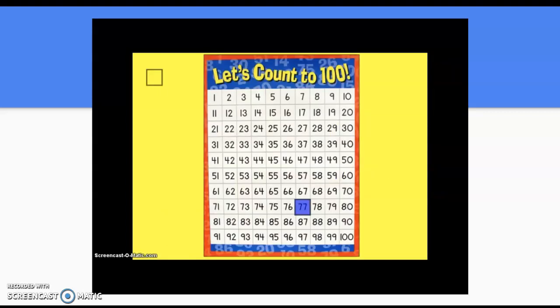Let's look at 77 on the 100 chart. See if you can find what 10 less would be. 10 less than 77 would be 67.